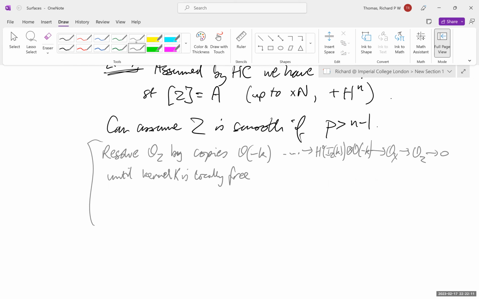So eventually I'm going to get a nice vector bundle. I started with this structure sheaf, this horrible thing, the structure sheaf of some singular subvariety, and eventually I get a vector bundle. Then I'm going to twist up. The key point is that the pth Chern class of this vector bundle, even if I twist it by some large power of the ample line bundle, is determined by this resolution, with K at the end.